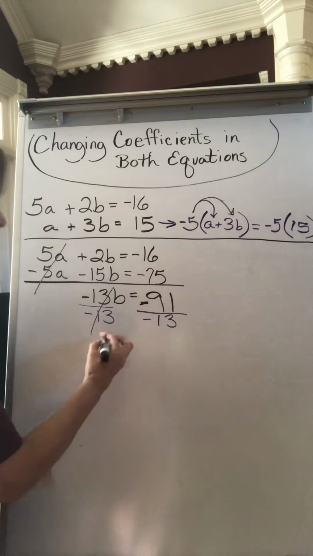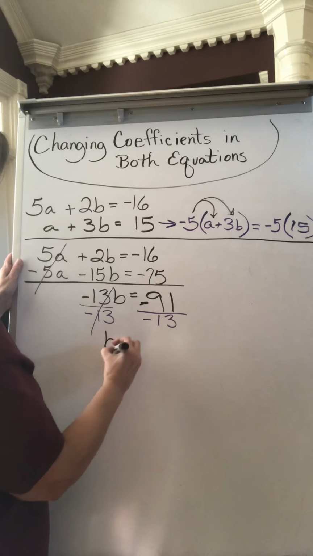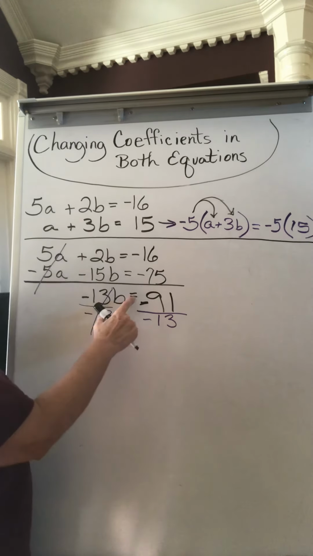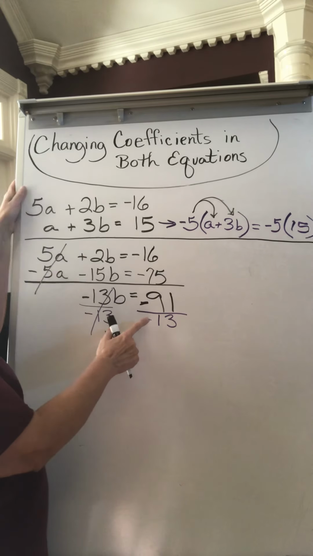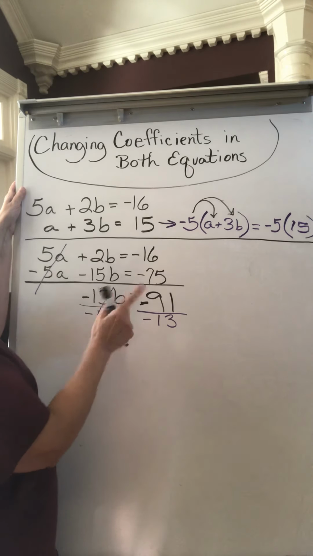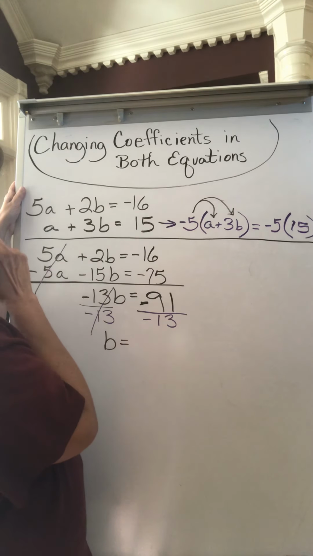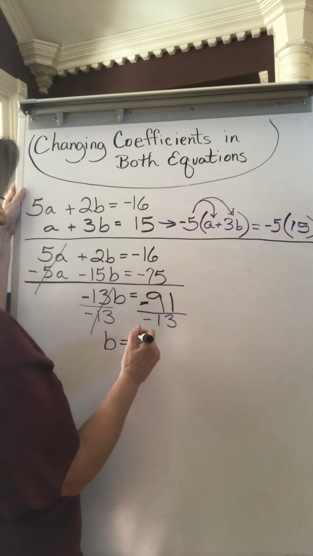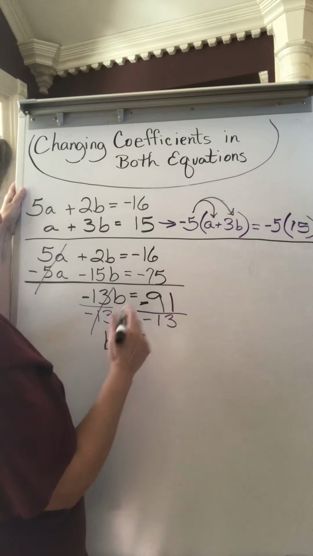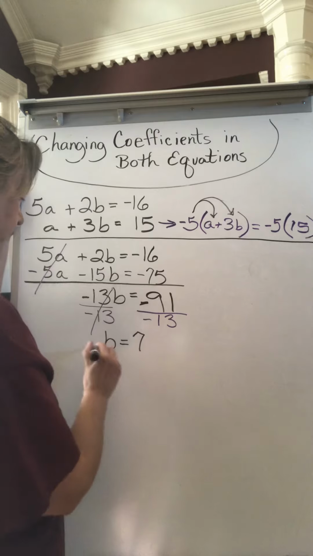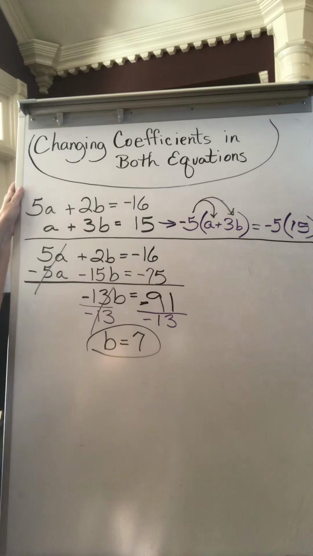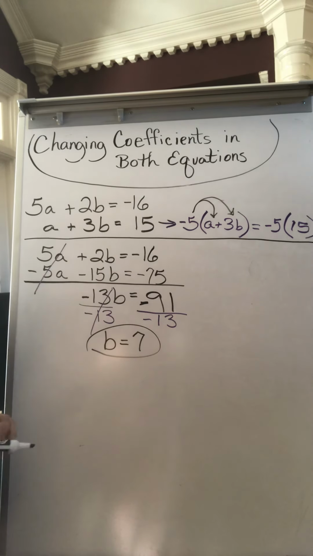So now I have b isolated. It's all alone. Negative divided by negative is a positive. And 91 divided by 13 is going to be 7. 7 times 13, 91. That's correct. So b is going to be the amount of 7.